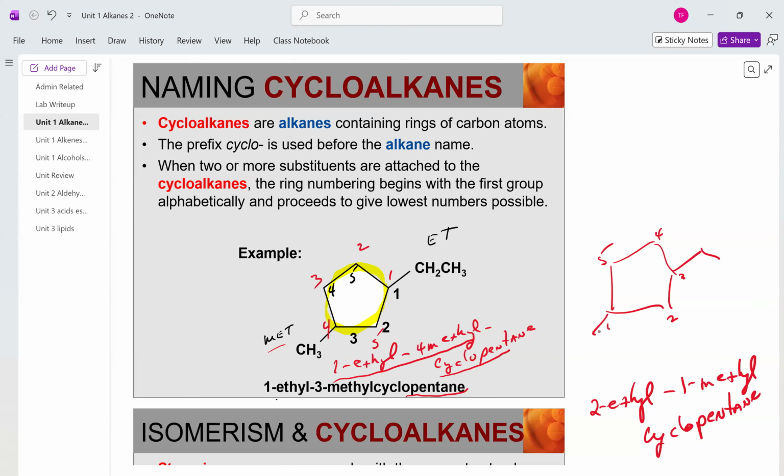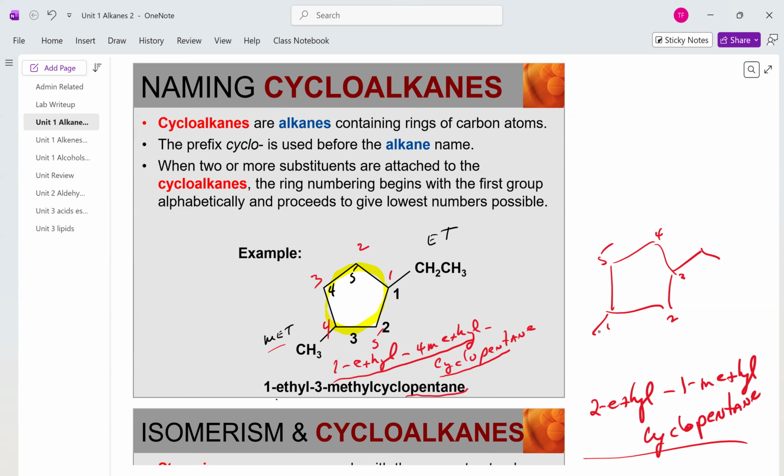And on a test, if you put this down, I wouldn't mark it wrong because it's very persnickety incorrect compared to this one. But if you were going to choose which one is going to be carbon number 1, I would just use the one with the alphabetically lowest value.